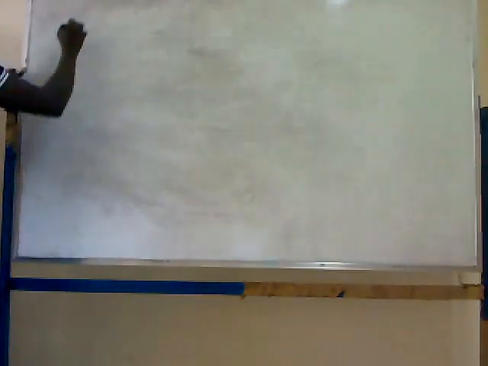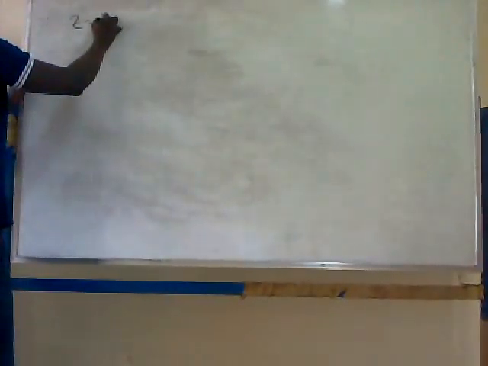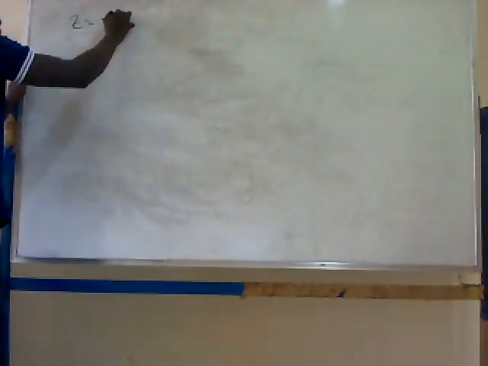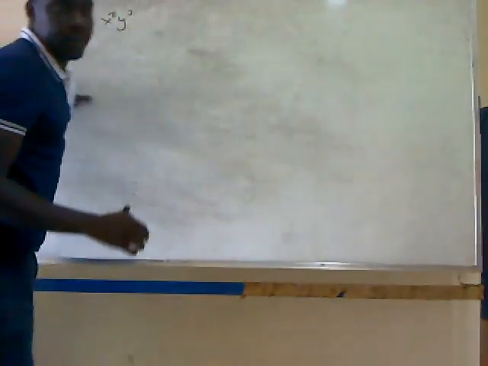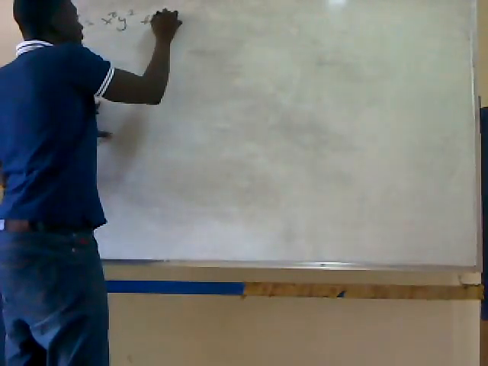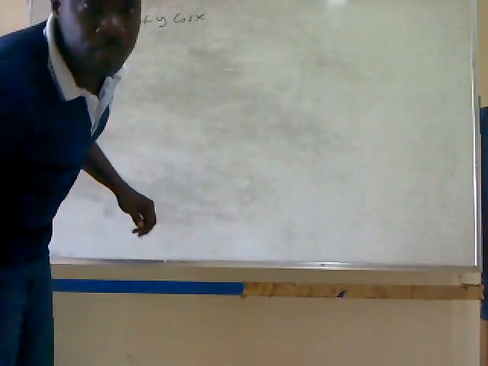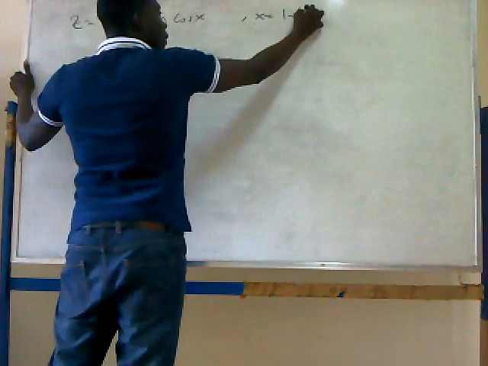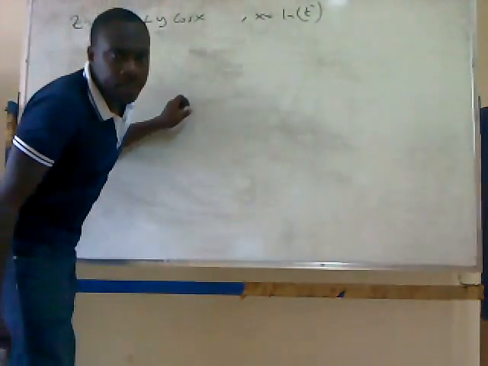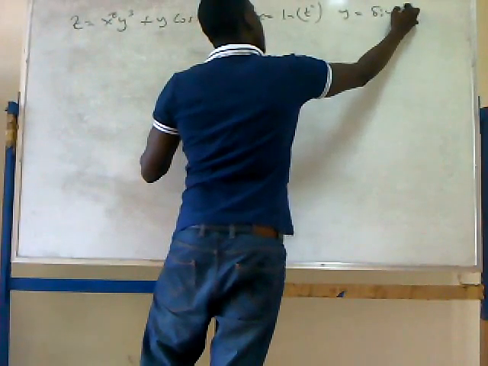If z is equal to x squared y to the power 3 plus y cos x, but x is equal to ln of t squared and y is equal to sine 4t.